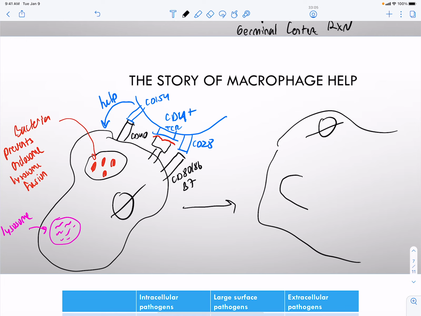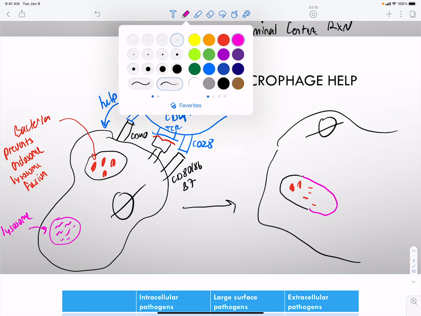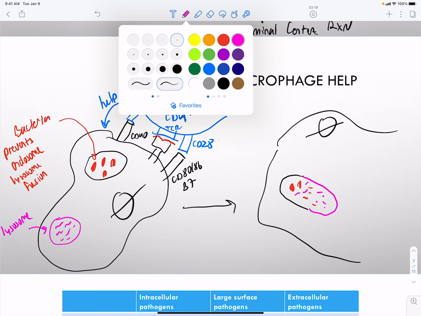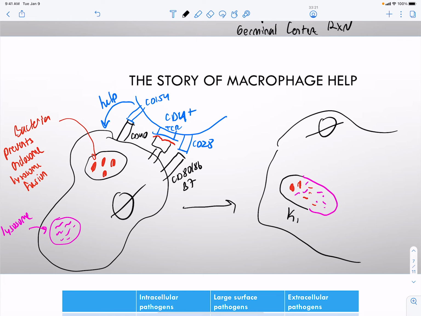So now you have the endosome fusing with the lysosome, and now your bacteria that were inside are going to get digested into peptides because of all the digestive enzymes that were in the lysosome. And your T cell basically helps your macrophage kill the pathogen.